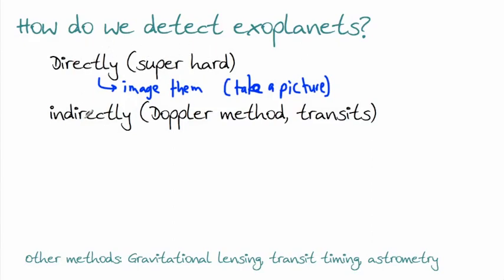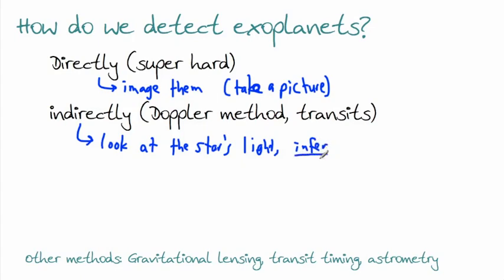But indirectly detecting them is a bit more well known. We're going to talk about some methods like the Doppler method and the transit method. What I mean by indirectly is that here is the main thing we do: we look at the star's light. By looking at what the star's light is doing, we can infer, in other words we can guess, the existence of planets.